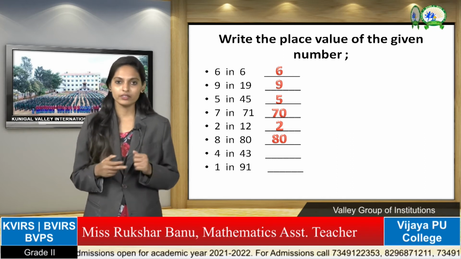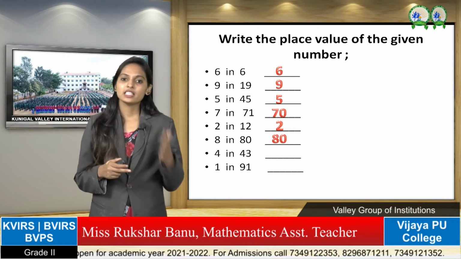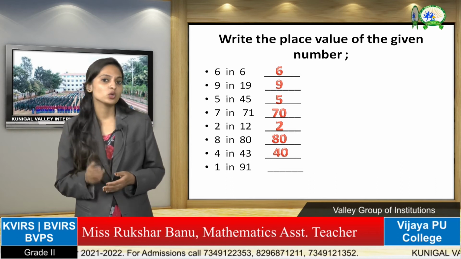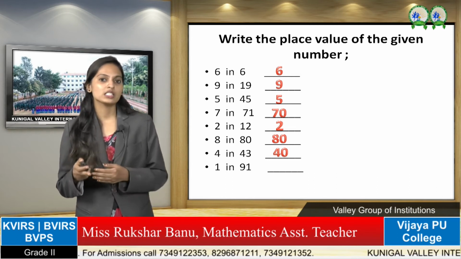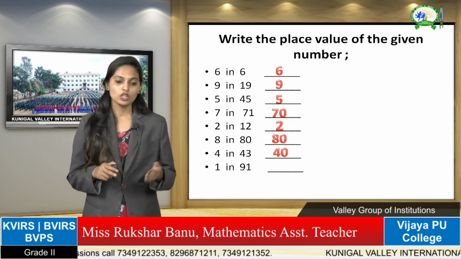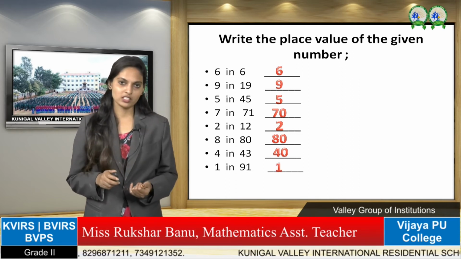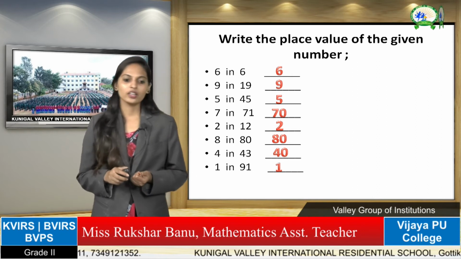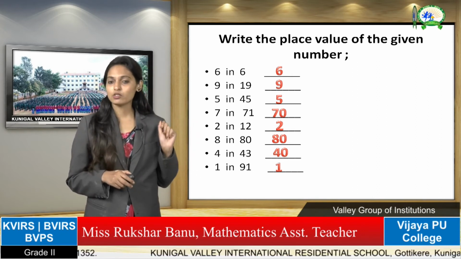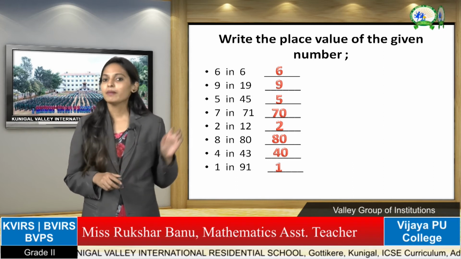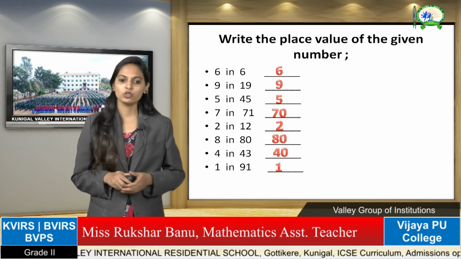So here 4 we want. 4 is at 10's place means 40 you have to write. 1 in 91. In 91, 1 is at 1's place, 9 is at 10's place. So 1 we want place value. For 1 it is 1 only. Okay children, so like this you have to write. Any numbers I can give, so you have to write the correct answer. The pattern will be like this.